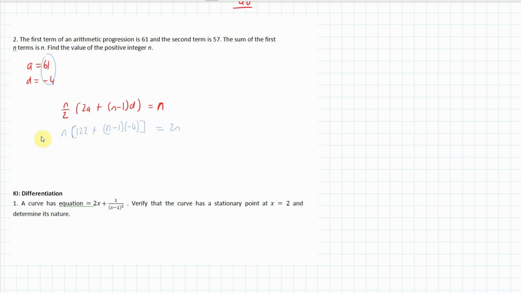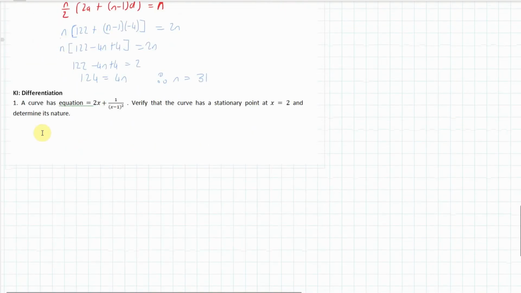Okay, so I get n into 122 minus 4n plus 4 equals 2n. And I could divide both sides by n. And then I could go 126 minus 4n equals 2, so 124 equals 4n. And therefore n equals 31. And that would be my answer. So let me see. 31.